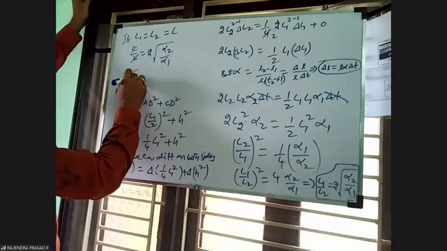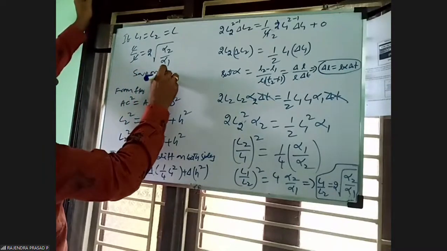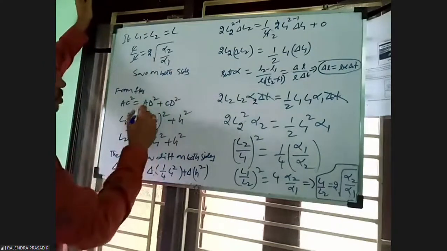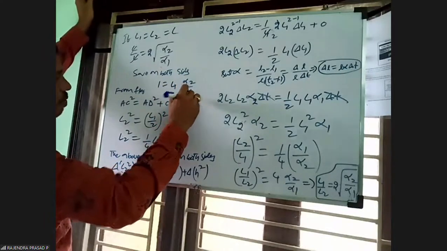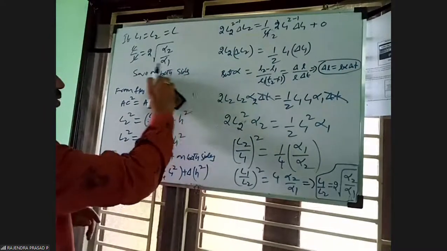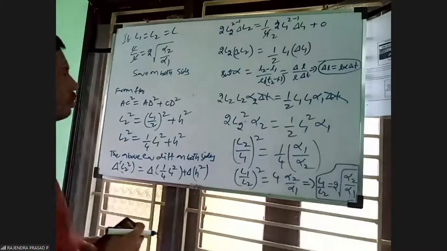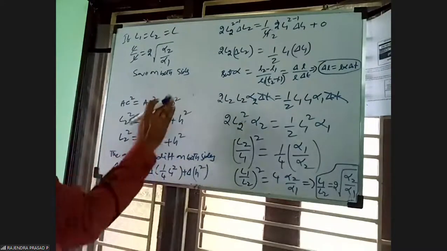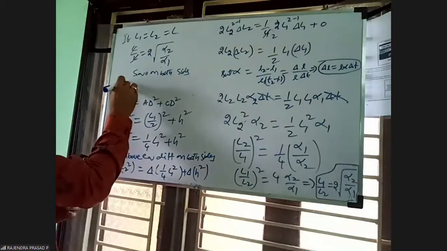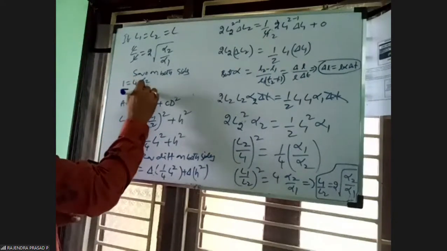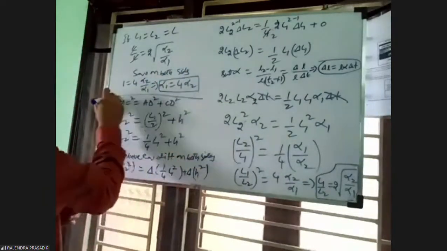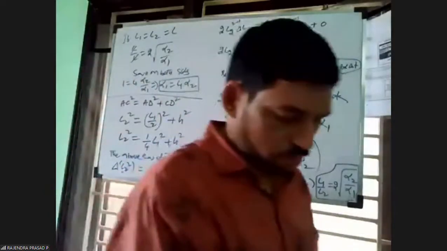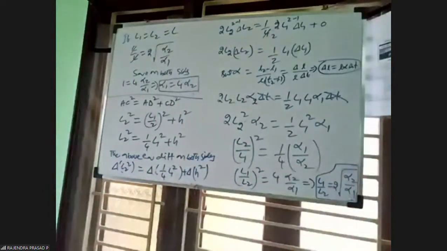Squaring on both sides, 1 is equal to 4 into alpha 2 by alpha 1. So alpha 1 equal to 4 alpha 2.